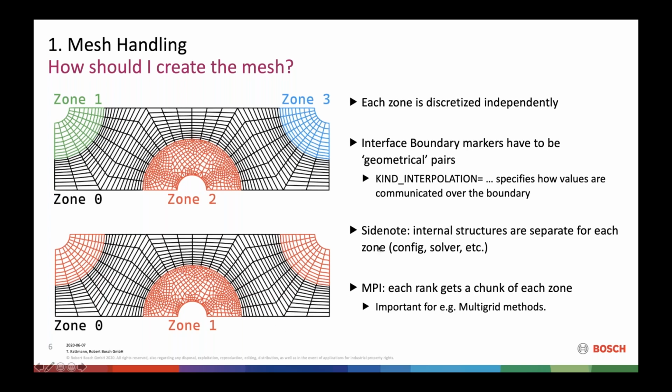And as a side note also, the mesh is written independently and is used internally independently. And it's also for internal structures like config files and solvers. They are kind of independent in the code, and there's only a communication via the common interfaces of the multiple zones.